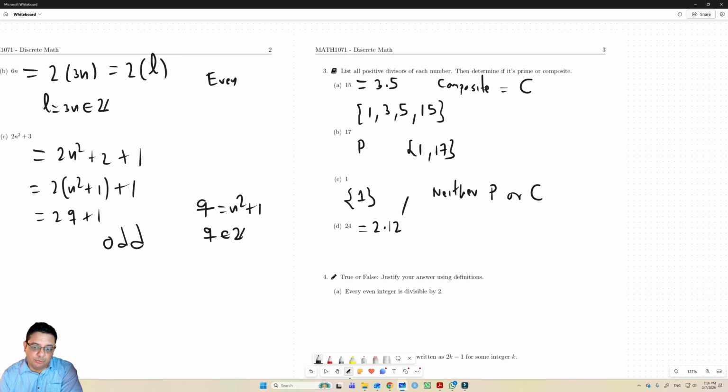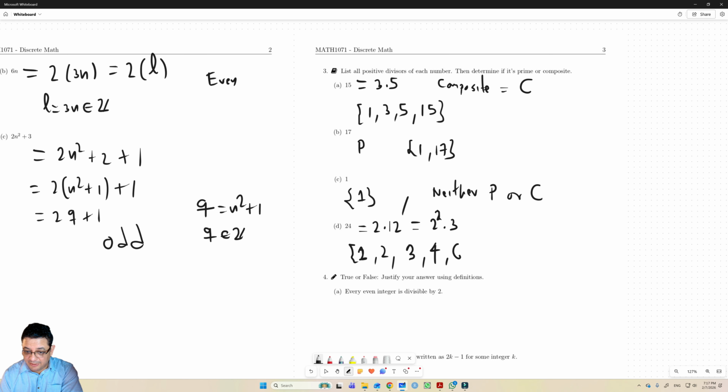24 is an even number, and I can see this as 2 times 12. I can actually think of this as 2 to the 3 times 3, if I do the full prime decomposition. And so this will be divisible by 1, by 2, by 3, by 4, right? And then we can have combinations of 2 and 3.